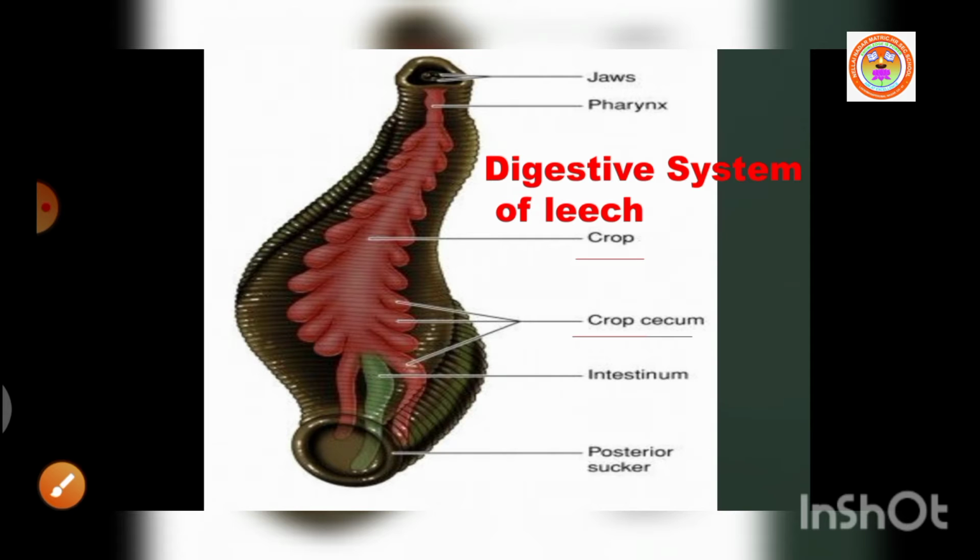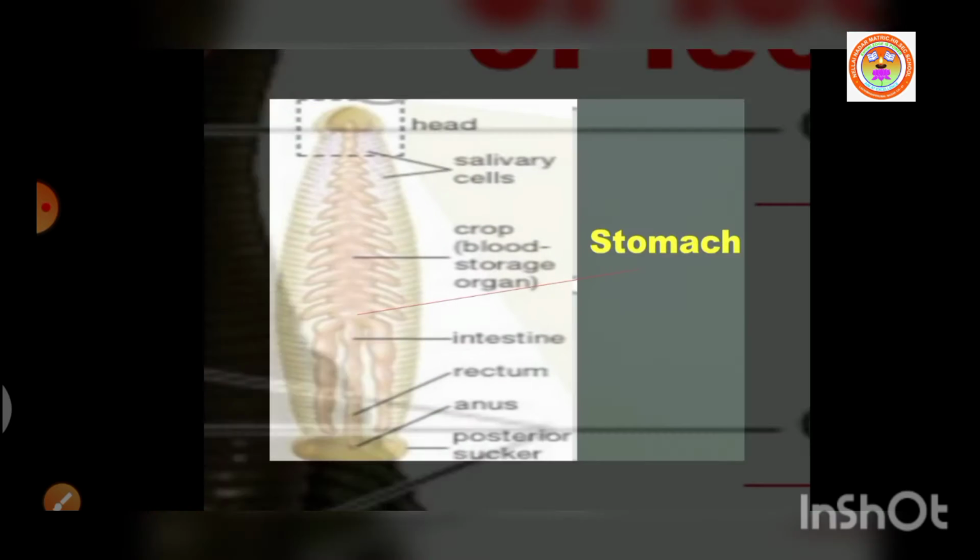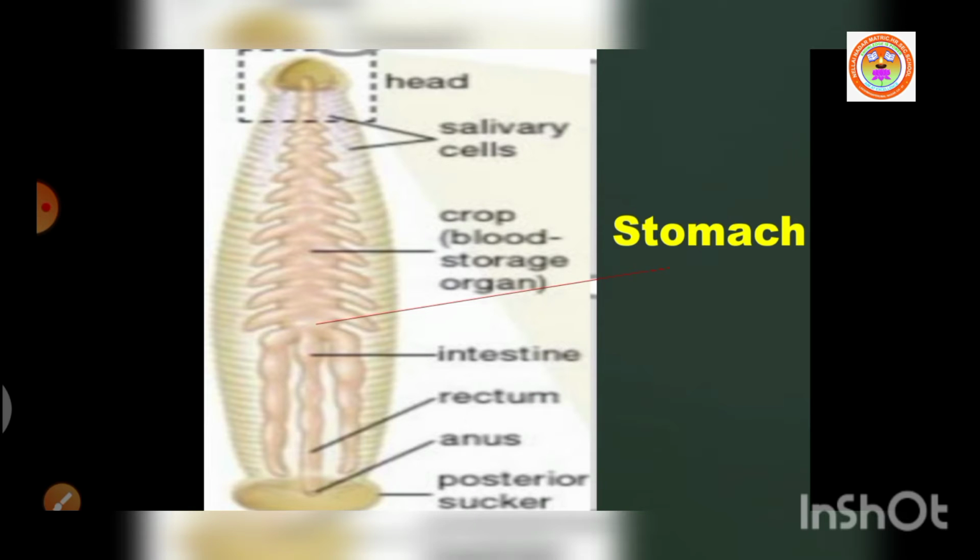Crop and its diverticula can store a large amount of blood which can be slowly digested. The last chamber of the crop opens into the stomach. The stomach leads into the intestine, which is a small straight tube that opens into the rectum. The rectum opens to the exterior by the anus. These parts are underlined here.